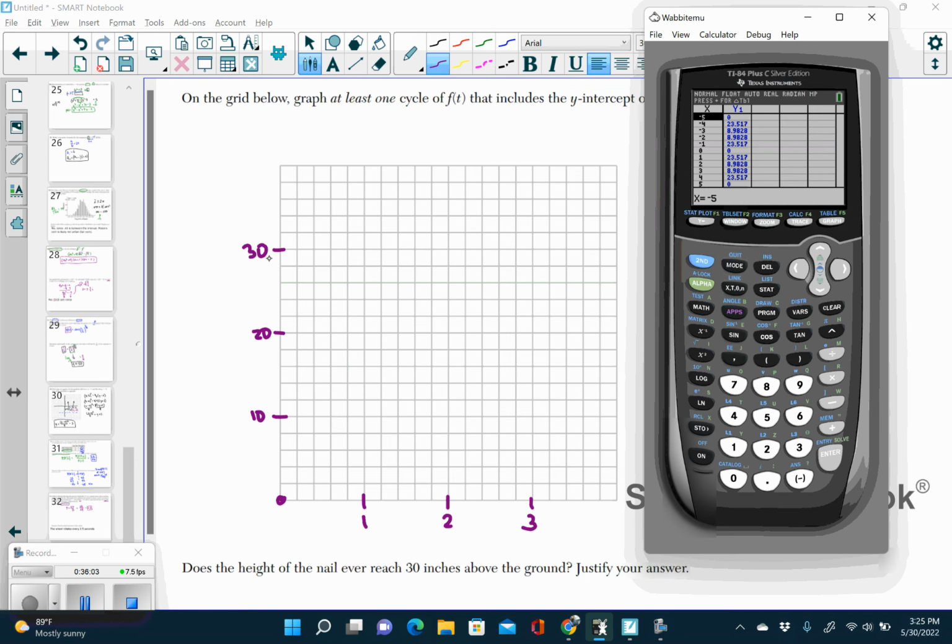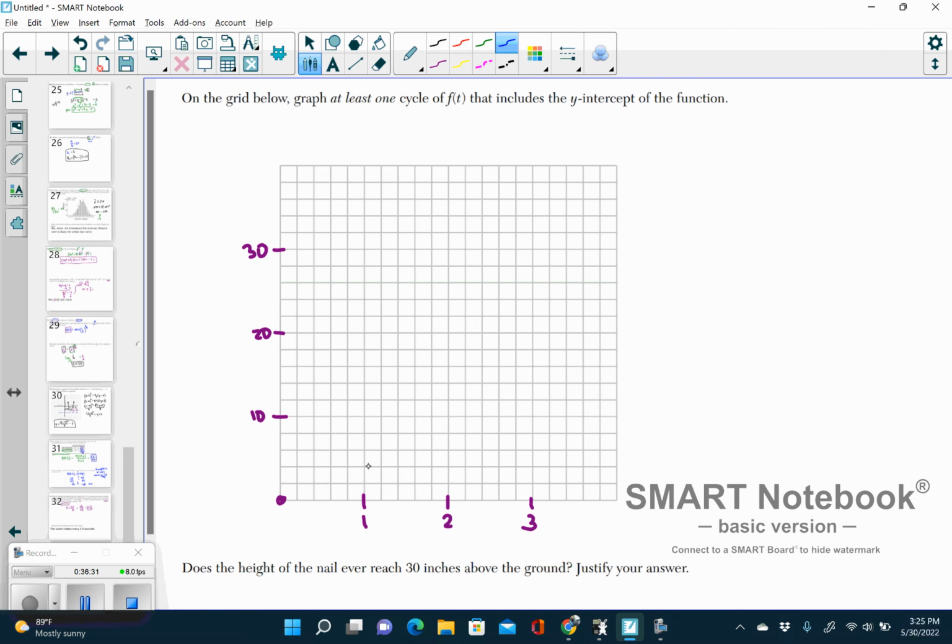And then I'm going to go ahead and just plot. So 0, 0, I already plotted that. 5, 0. Okay, so it comes back down there. So it looks like I'm just going to go ahead and plot. So at 1, I have about 23. So I'm going to go to about 1 and go to about 23. So this is 2, 4, 6, 8, 10.